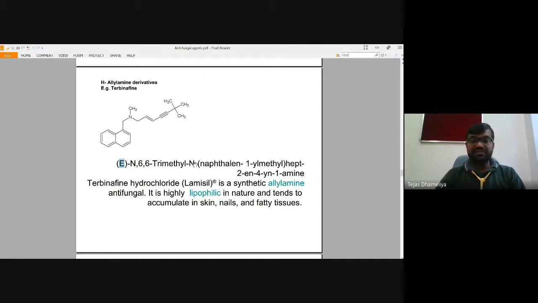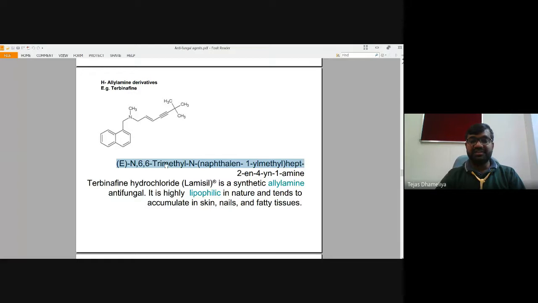The nitrogen of this allylamine is connected with a methyl, that is N, 6, 6 trimethyl, and the heptylamine is attached with methyl, as well as naphthalene, and a methyl group here.